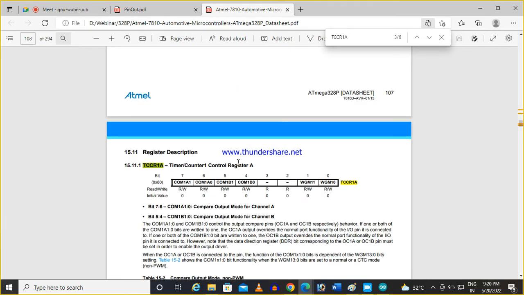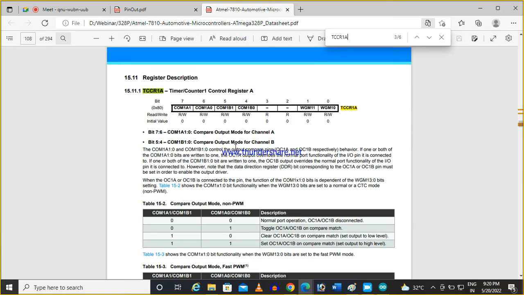You see, this is register 1A, and we will be using all the bits here.